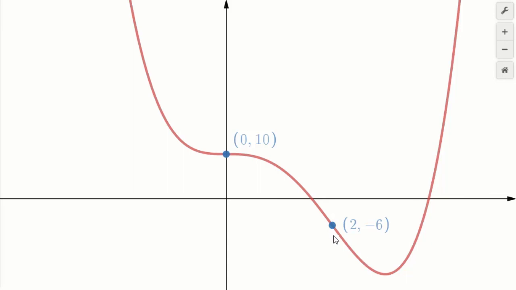And further, we had another interval between 2 and positive infinity. You can see that this is almost like a complete full cup, pointing up and holding water. So it's concave up again for the interval between 2 and positive infinity. And that is how it agrees with the work we have done on the board earlier.